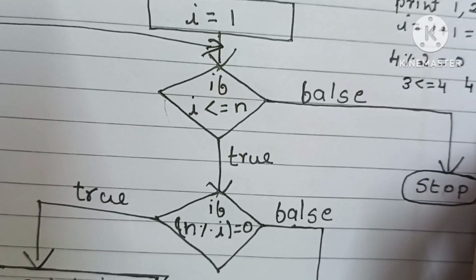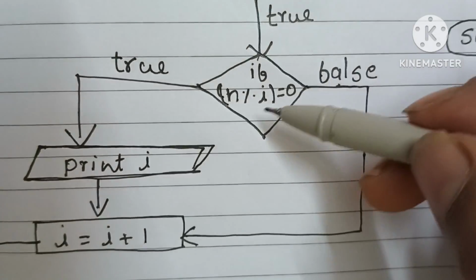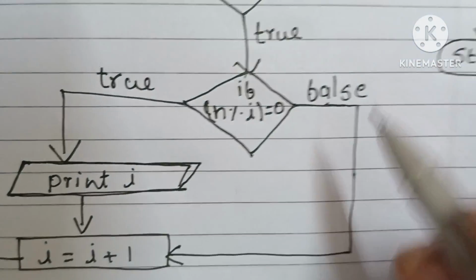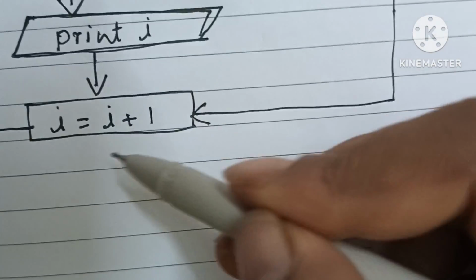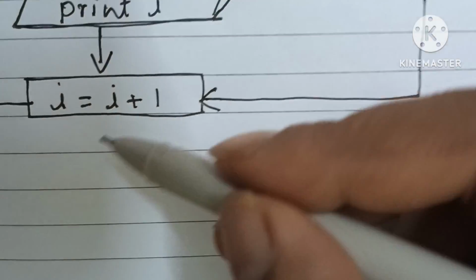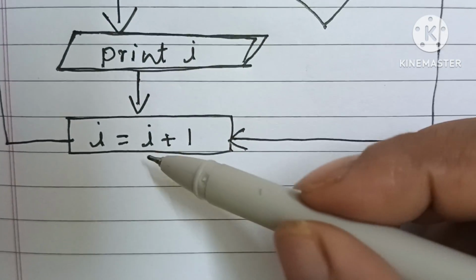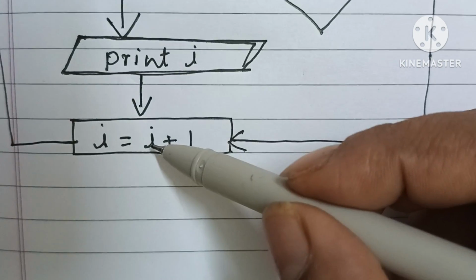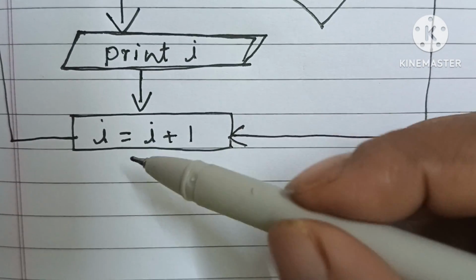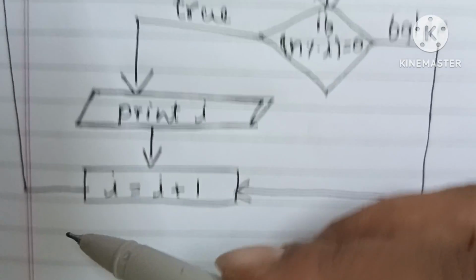It gives 1 remainder. So it is not true. So it just increases the value of I. Previously it was 3, 3 plus 1, it becomes 4.